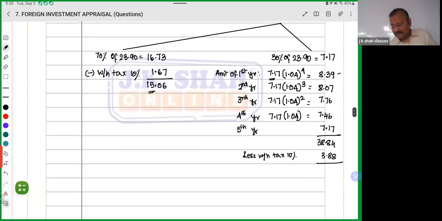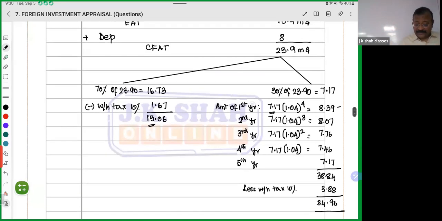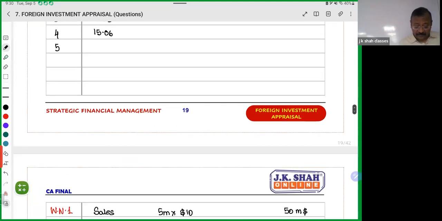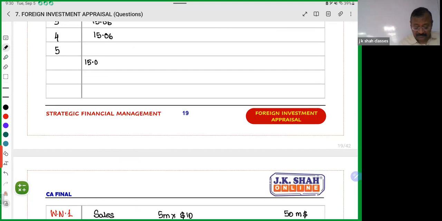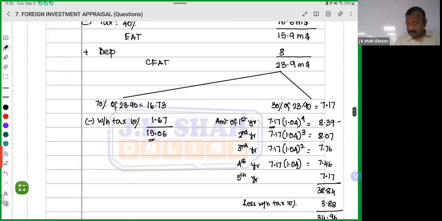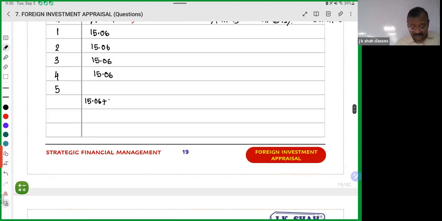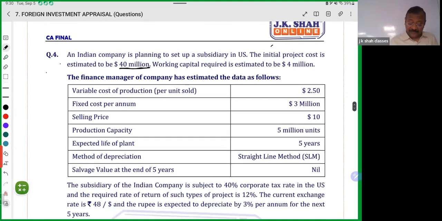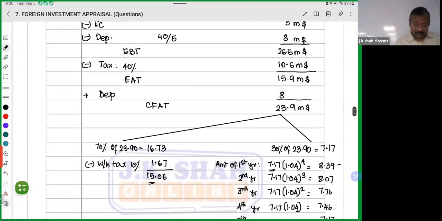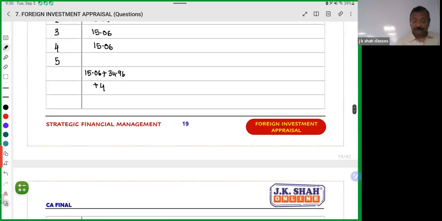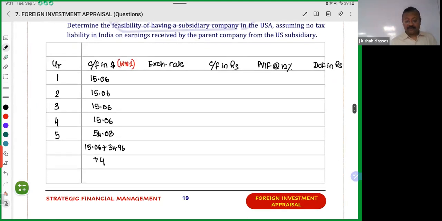How much will you get back? 34.96. Which means your cash flow at the end of fifth year will be 15.06 plus 34.96 plus the working capital which is being released, $4 million. 54.03.